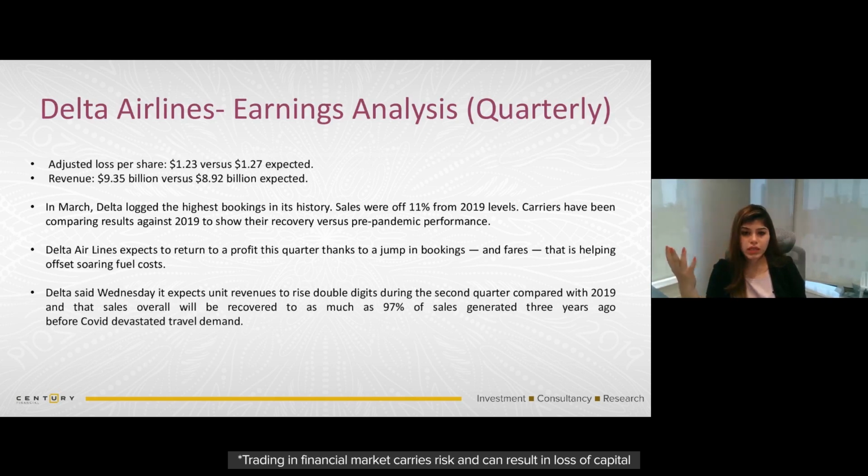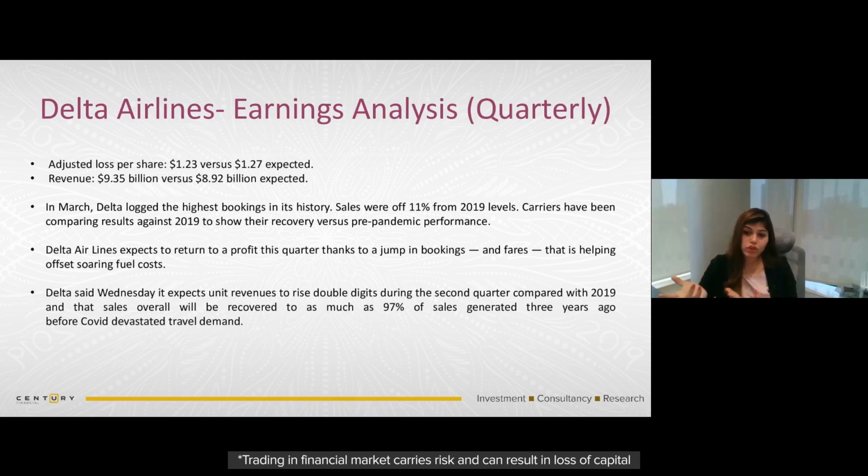So when we make a comparison, it's very important that you take your base year or the base period correctly. Which is why, when the company compares the quarter to the similar quarter of 2019 in its next earnings report, they are expecting 97% of the sales to be recovered.